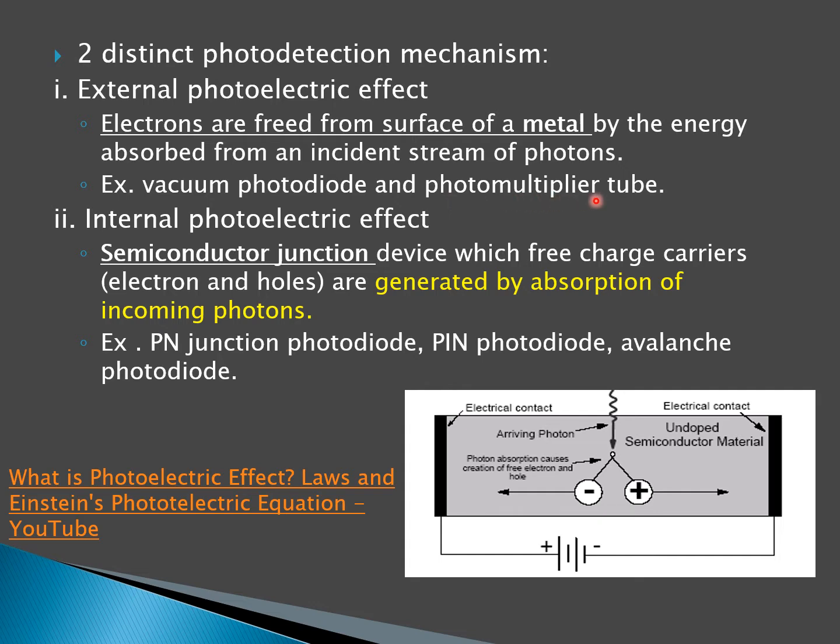For the internal photoelectric effect, in a semiconductor junction device, free charge carriers, either electrons and holes, are generated by the absorption of incoming photons. You can see here, for example, this is the incoming photon, our light, and it is being absorbed by this semiconductor device.